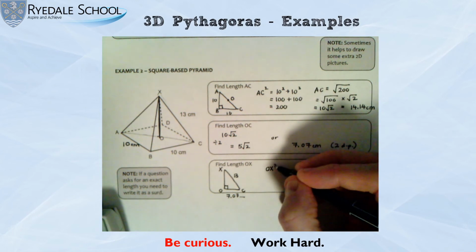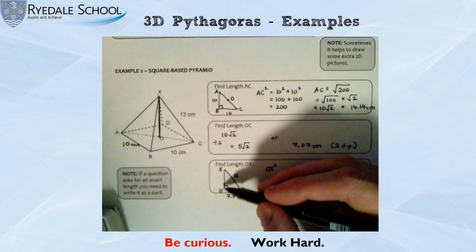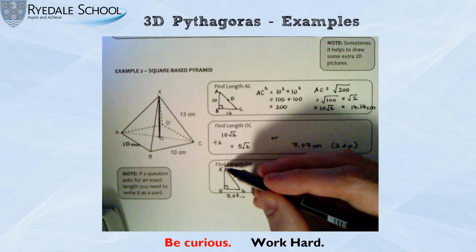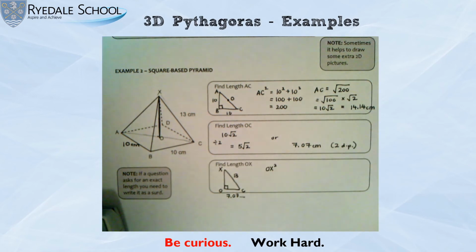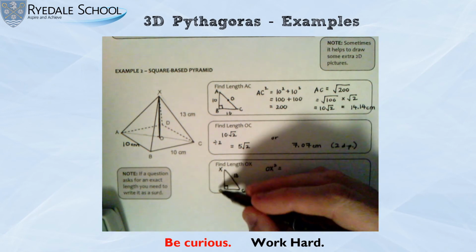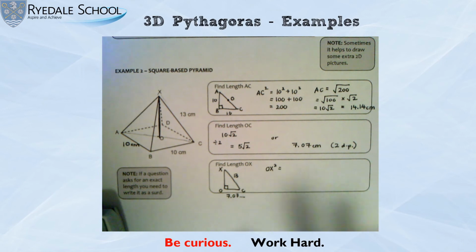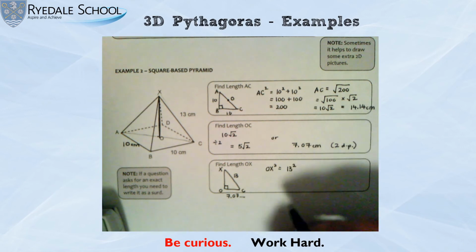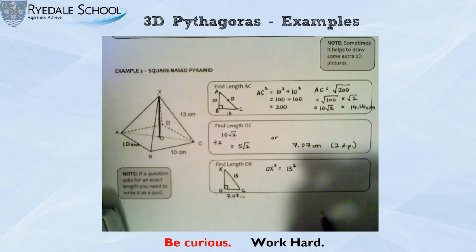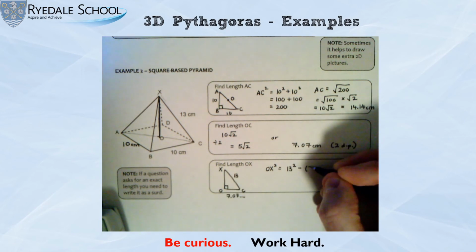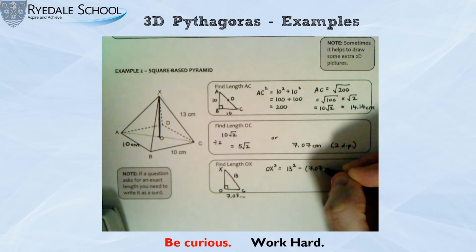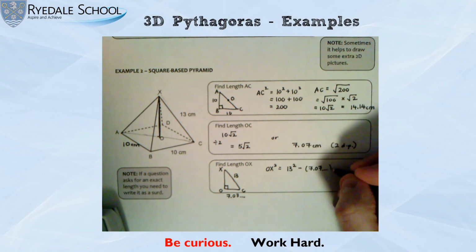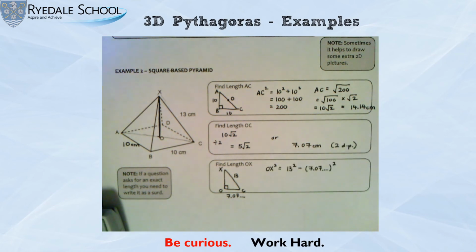Now, one thing that you'll immediately notice is this is one of the shorter sides of this right angle triangle. And that's super important because if we are finding a shorter side, we are going to be subtracting when we square those numbers. So I need to do the hypotenuse squared, 13 squared, take away this number, 5 root 2, or 7.07 squared.